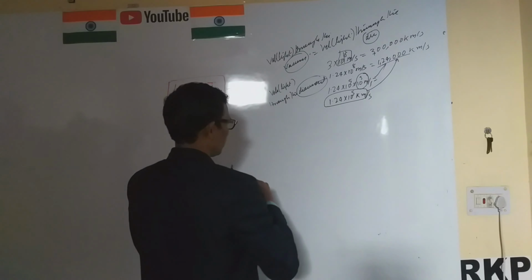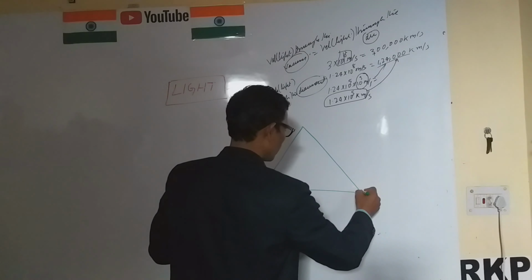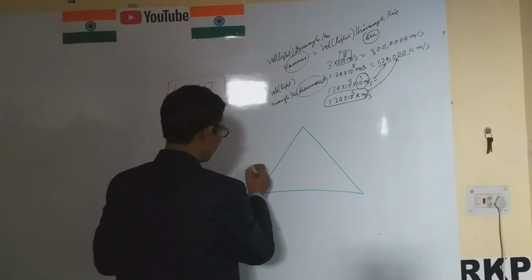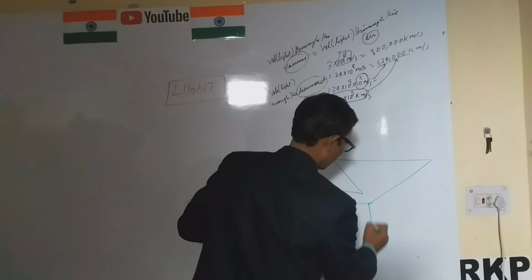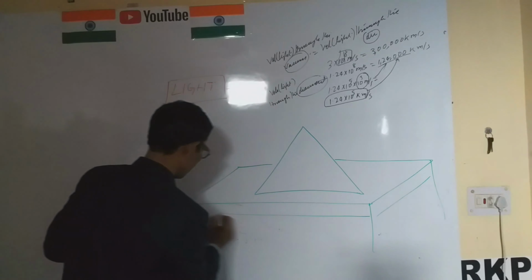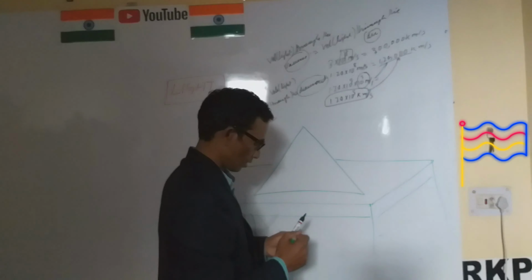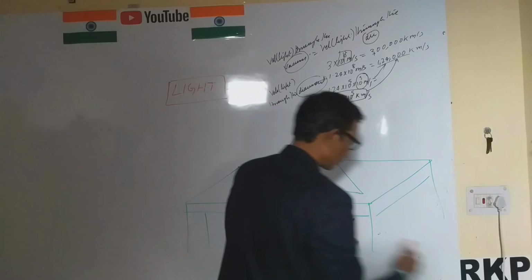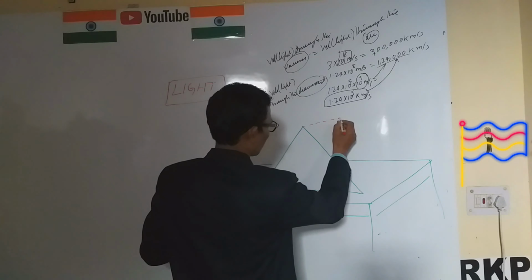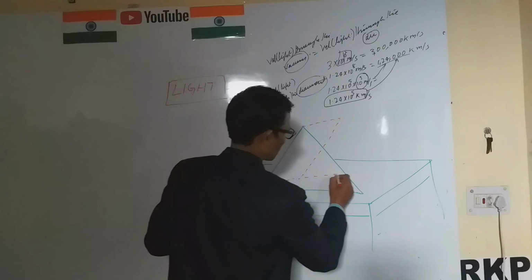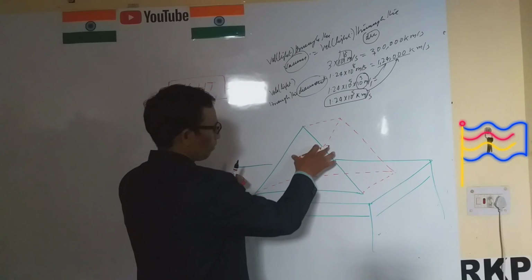Here is a triangular shaped prism. This is placed on the table here. This is the prism.